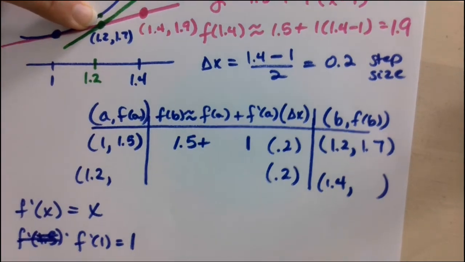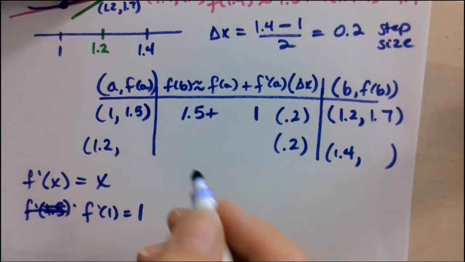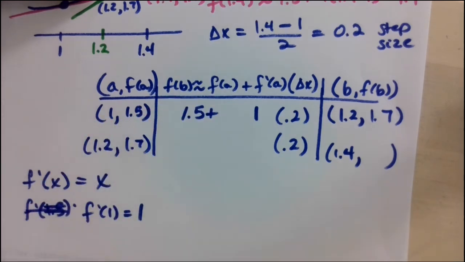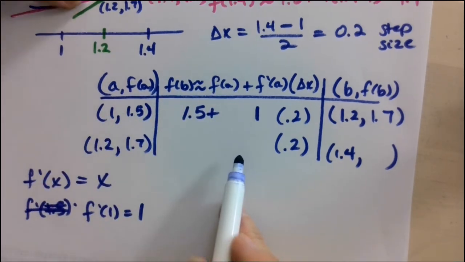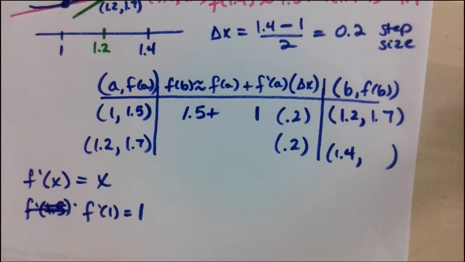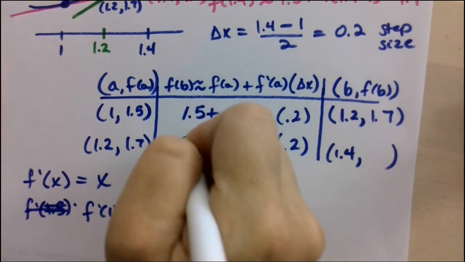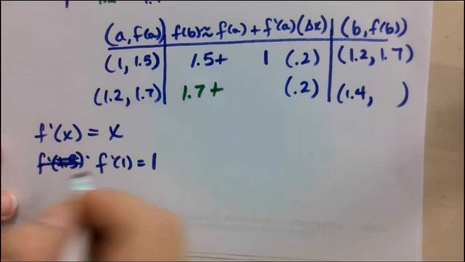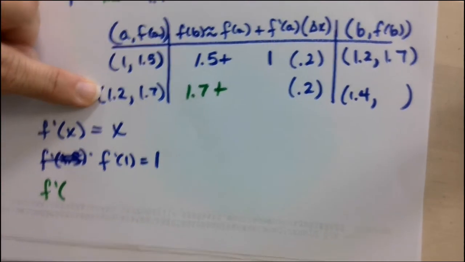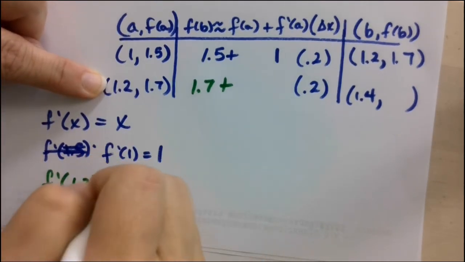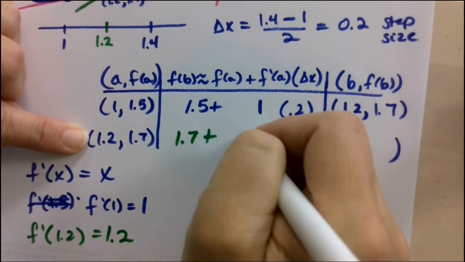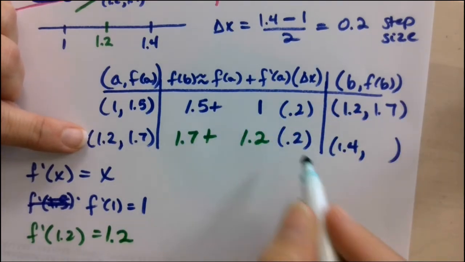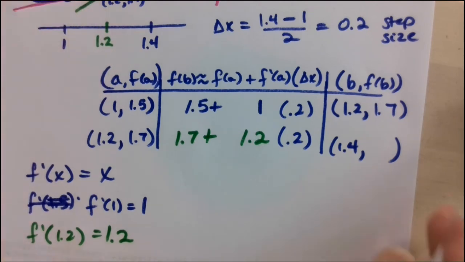That's this point. So now we're going to use that point and find the equation of this green line. So my new f of a is 1.7. My new slope, f prime of a, which is 1.2, so that's just going to be 1.2, times the 0.2, which is still our step size.